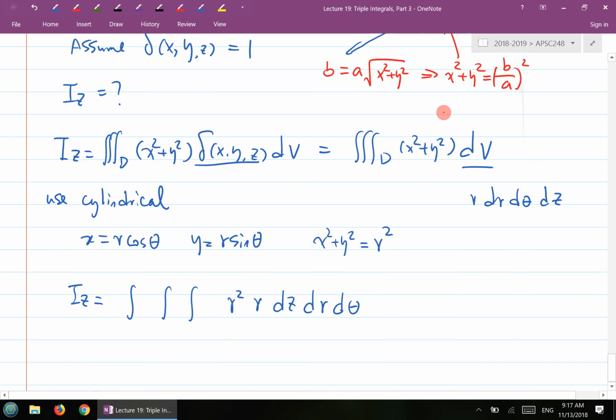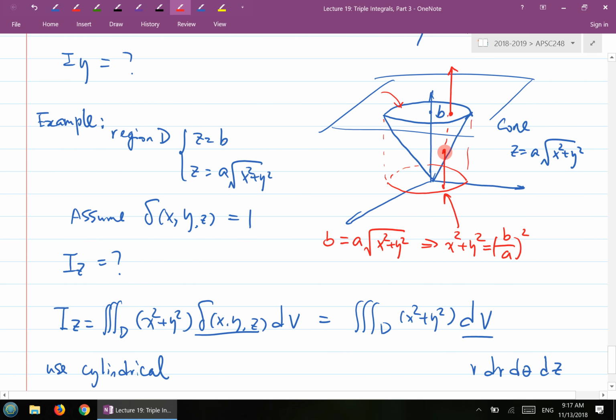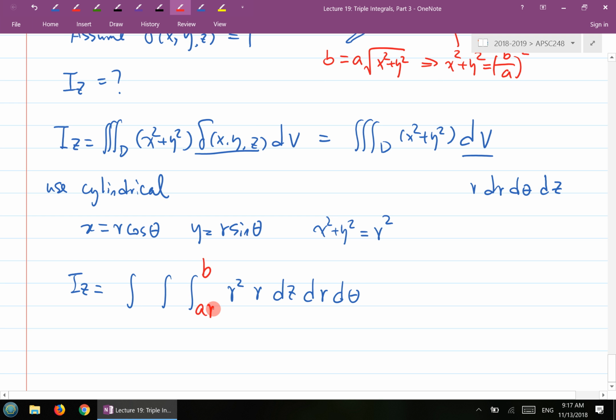Z min falls onto the cone surface. We change this cone into a times the square root of x squared plus y squared; replace x and y with r cosine theta and r sine theta, so the cone becomes z equals a times r. So everything is in cylindrical, and your z min in this case is the cone expression, a r.